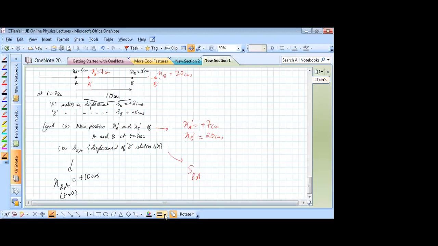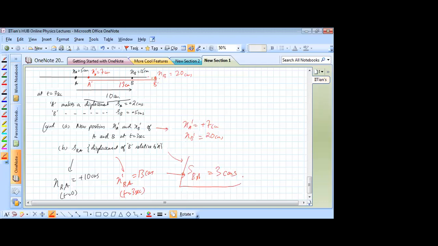But at the new time, the position changes to this here, and it is 20 minus 7, so that's 13 centimeters. So x of B with respect to A has changed to 13 centimeters in 3 seconds. Therefore the displacement is 3 centimeters.